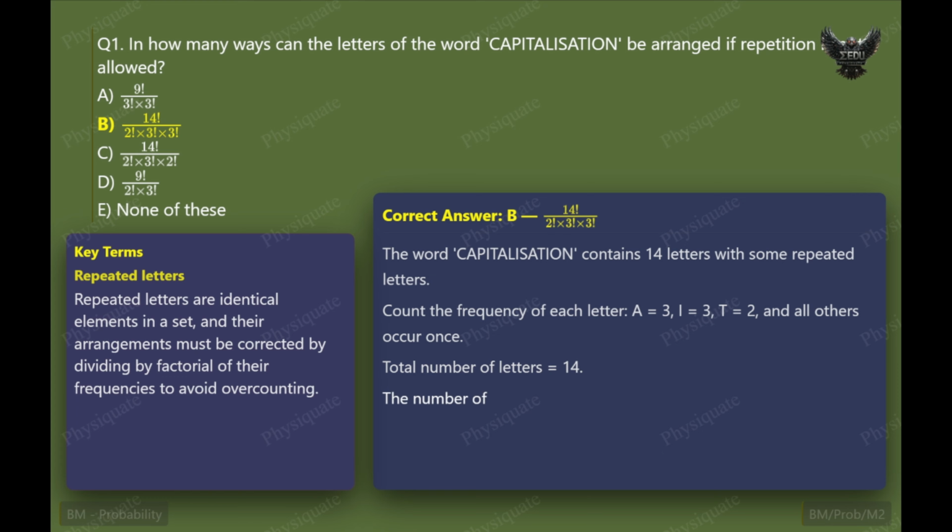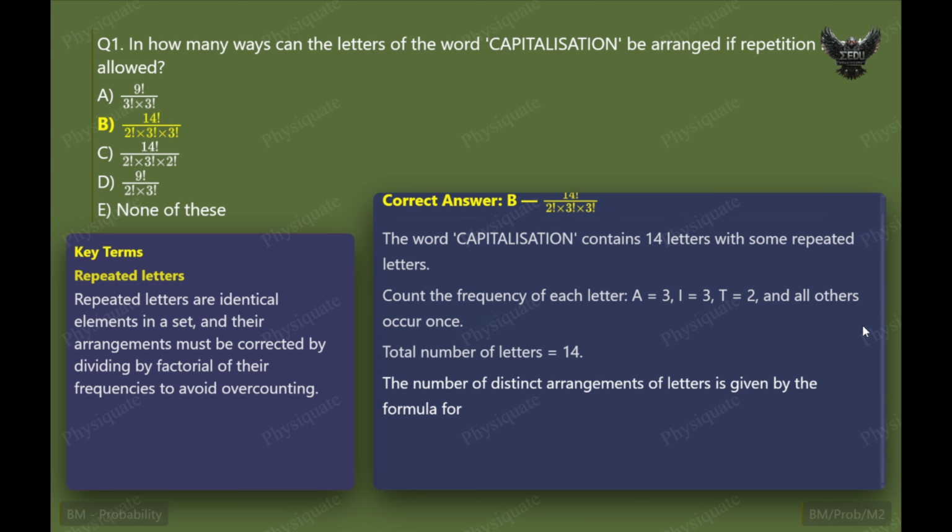The number of distinct arrangements of letters is given by the formula for permutations with repetition. Let us examine permutation with repetition.